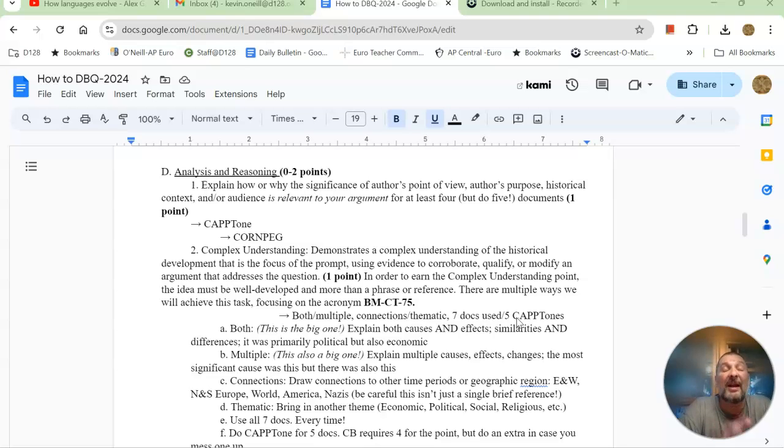Who is the, not necessarily intended audience, who is the audience? Is this a speech to auto manufacturers? Is this a letter to the editor of a popular right-wing newspaper? Is this going in a student newspaper? Who is the audience? A lot of times that overlaps a little bit with the context. The point of view.